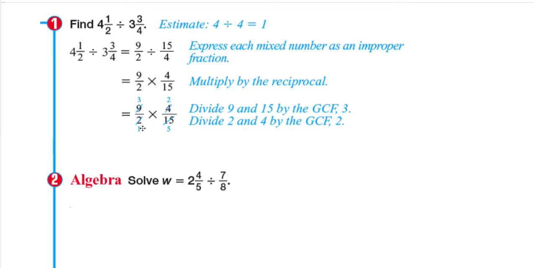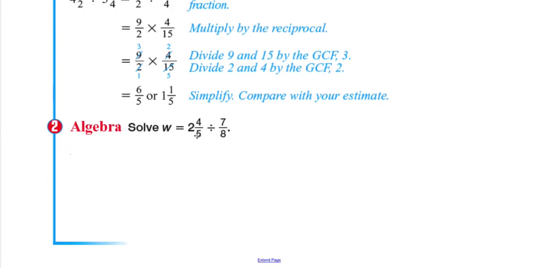Then multiply straight. 3 times 2 is 6. 1 times 5 is 5. So you end up with 6 over 5, or as a mixed number, 1 and 1/5. If you compare with the estimate, it's pretty close. So our answer is correct.